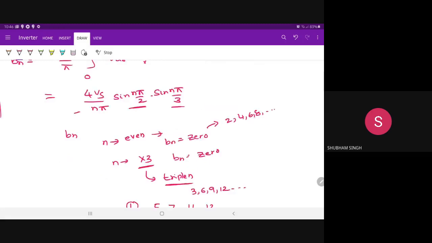Second term, when n equal to 5, if you substitute n equal to 5, what will you get? 4Vs by 5 pi into sine 5 pi by 2.